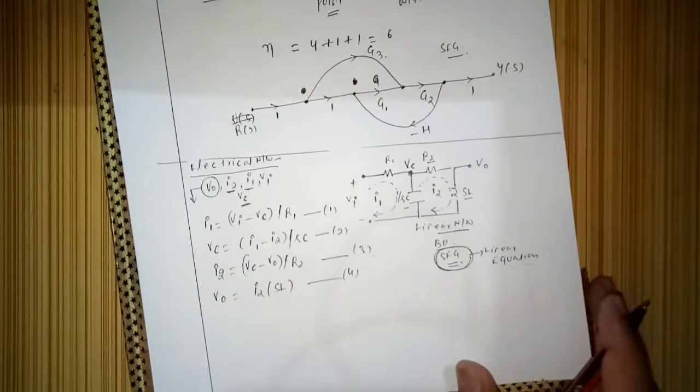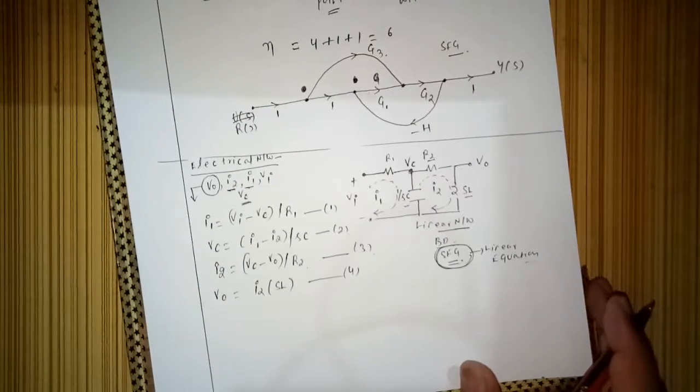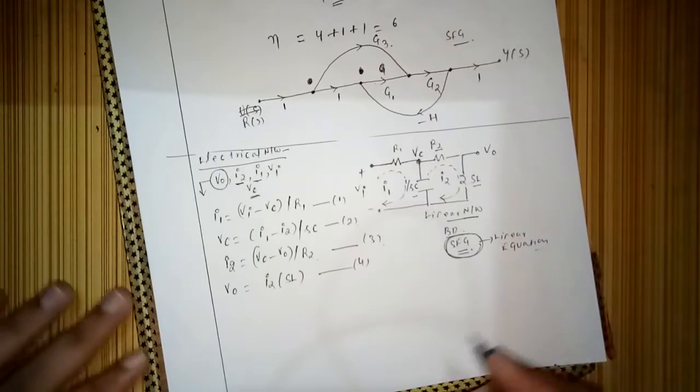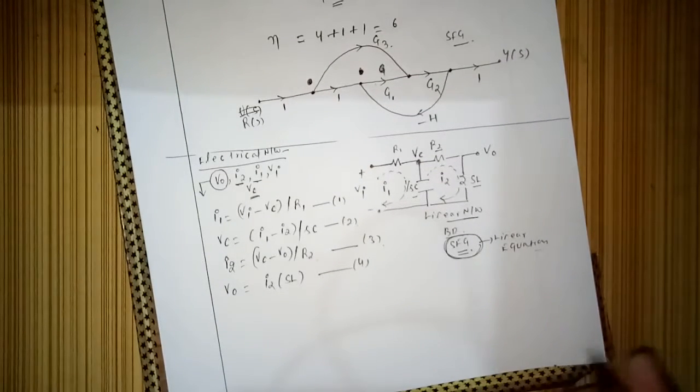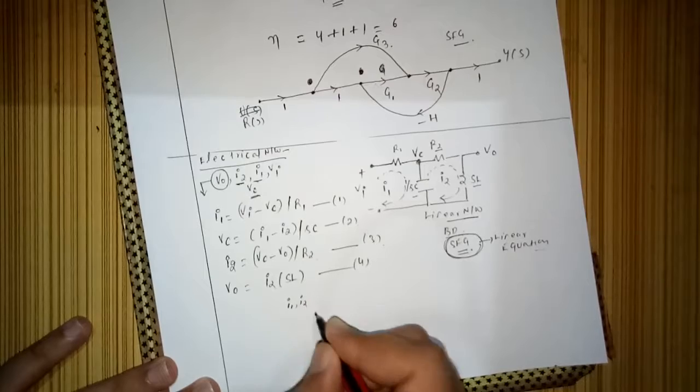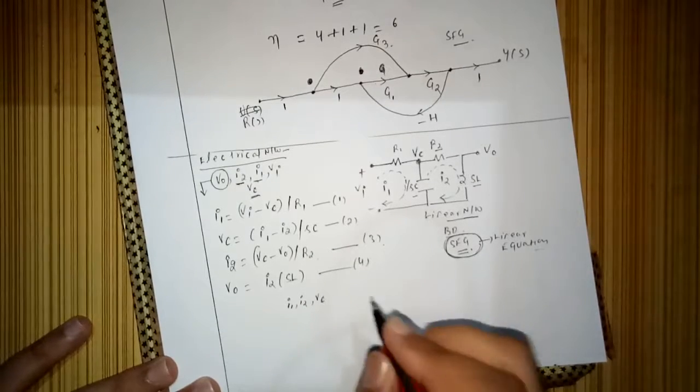So let's look at how I can represent this in terms of signal flow graph. First of all, we need to identify how many nodes we have. We have I1, I2 and VC, right?